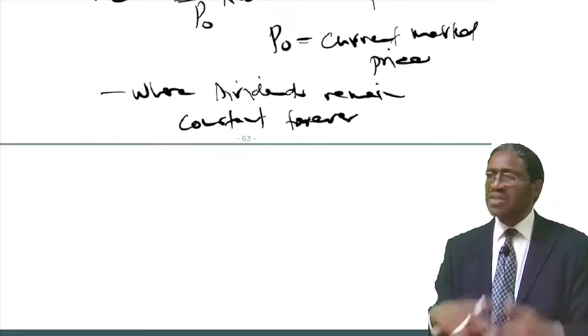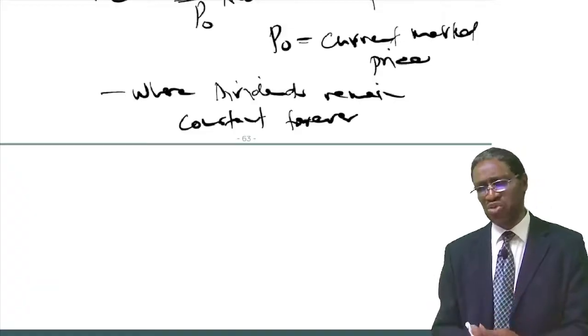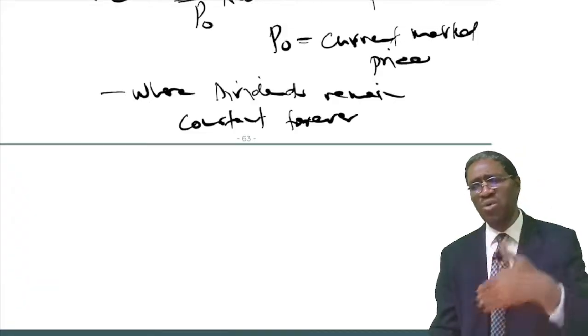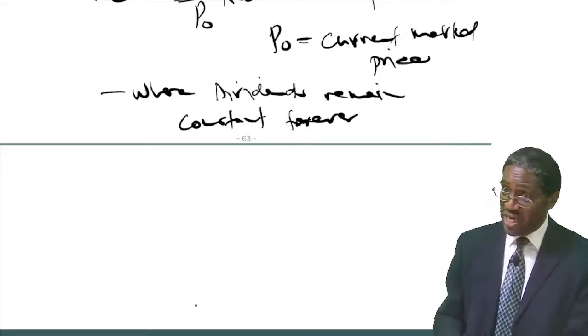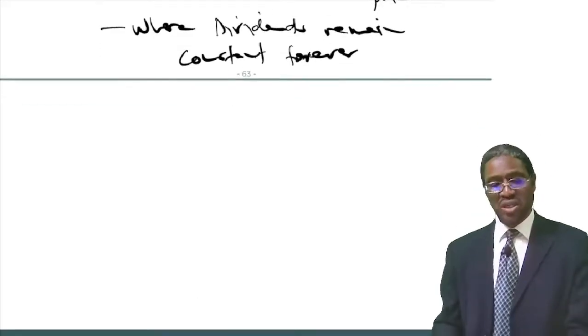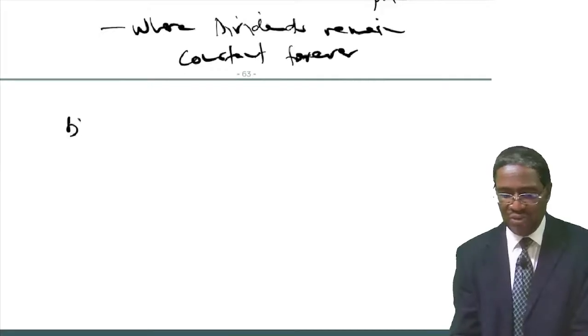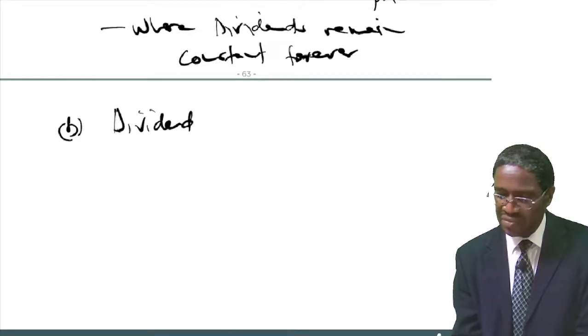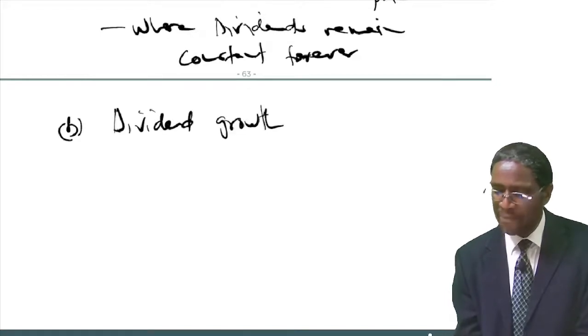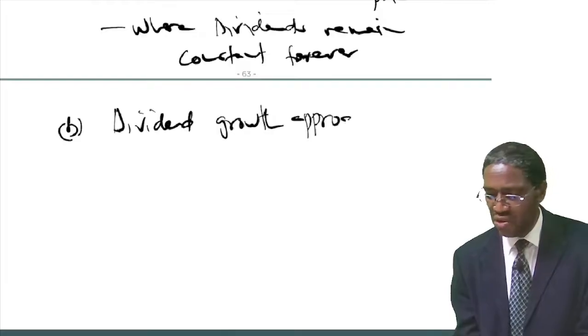But if your company has a history where dividend keeps growing, then you use another formula for computing the cost of capital. That formula is what we call the dividend growth approach.